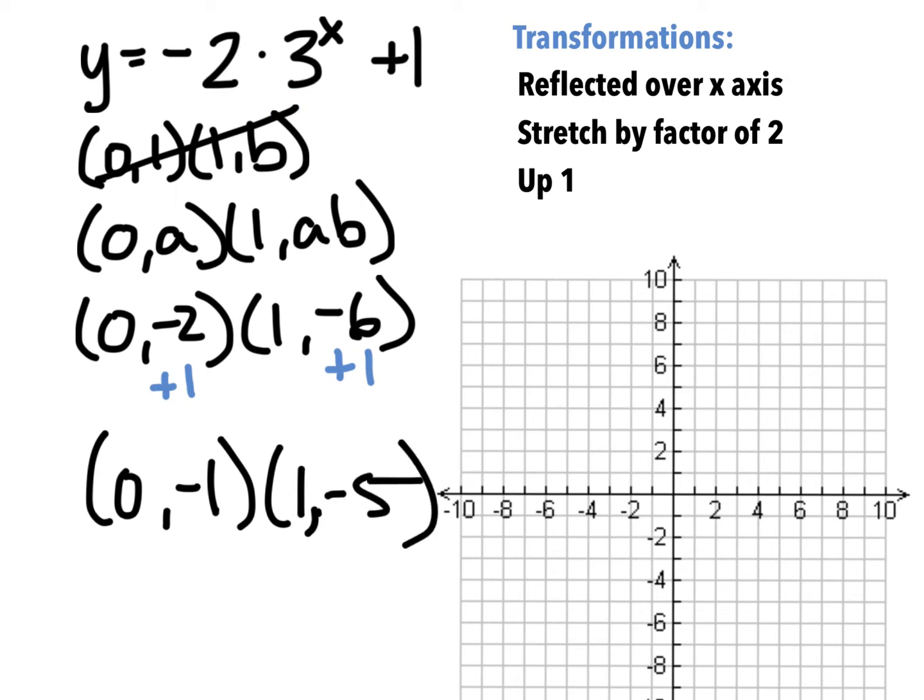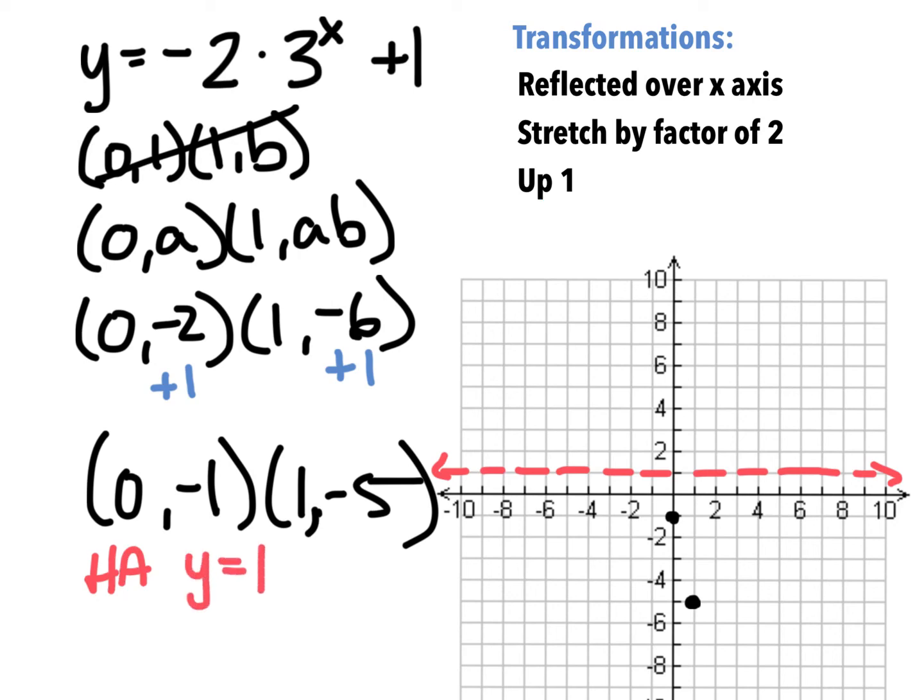All right, so let's graph this. We have (0, -1) and (1, -5). Usually our horizontal asymptote is on the x-axis, but everything got shifted up 1, so we have our horizontal asymptote at y = 1.